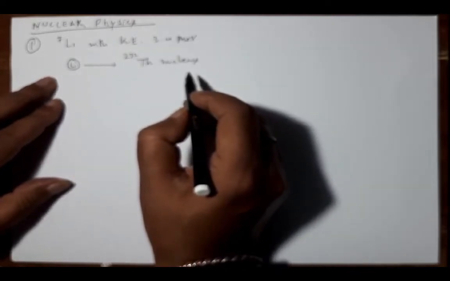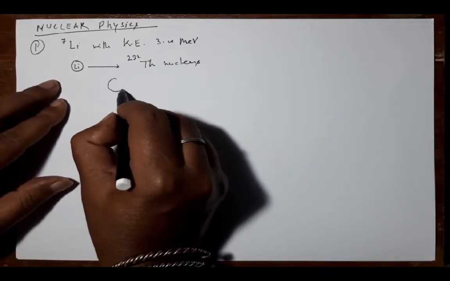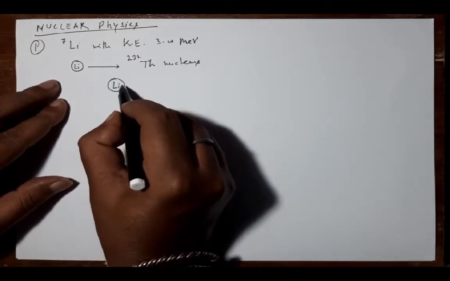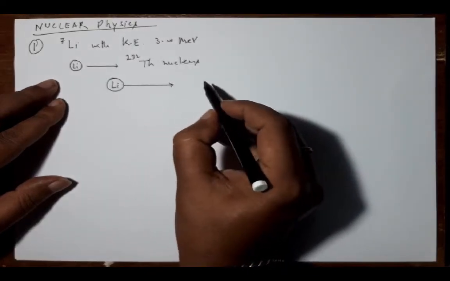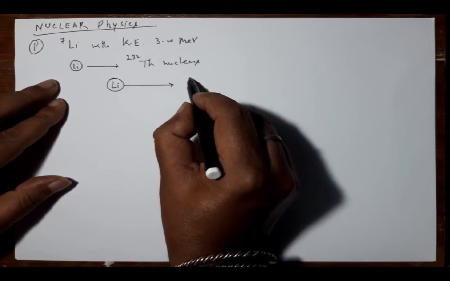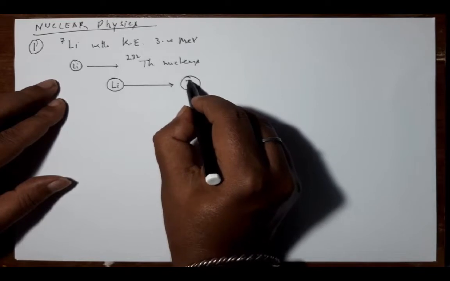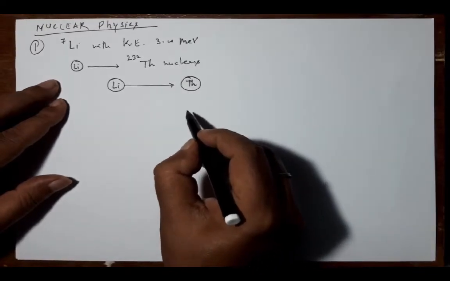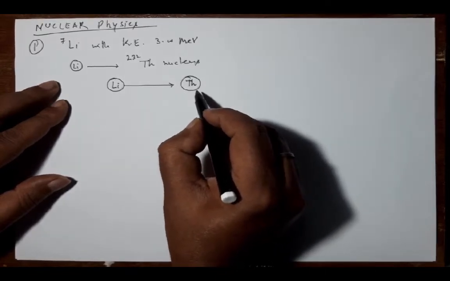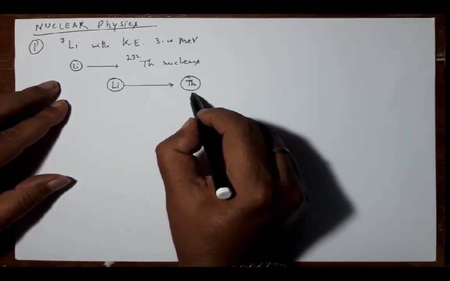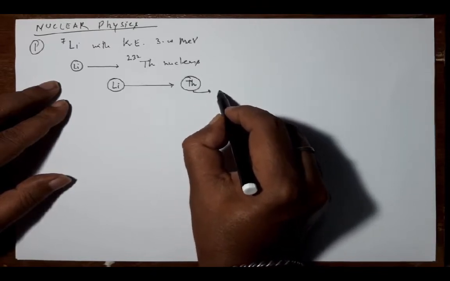Then the question is, what is the least distance this lithium nucleus will achieve while coming to the thorium nucleus, provided this thorium nucleus does not move.